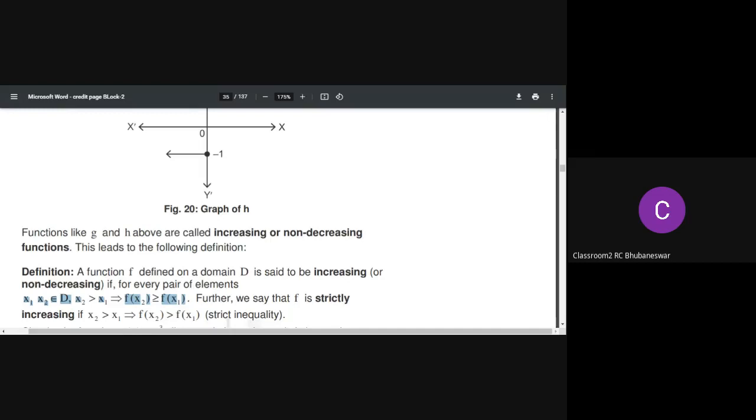The condition is that x2 is greater than x1, which implies that the functional value of x2 is greater than or equal to the functional value of x1. If this condition is satisfied, then we can say that yes, the function is increasing or non-decreasing.